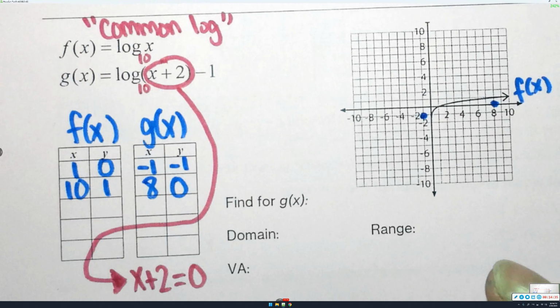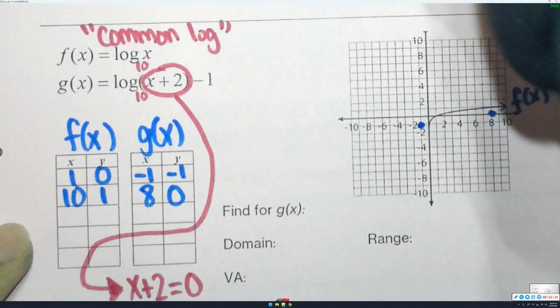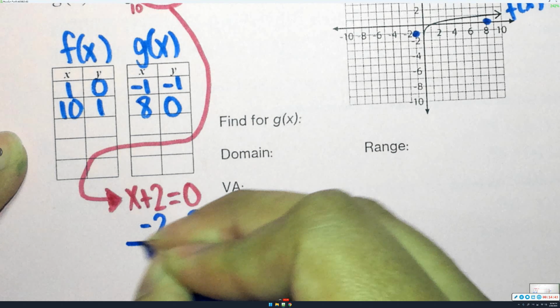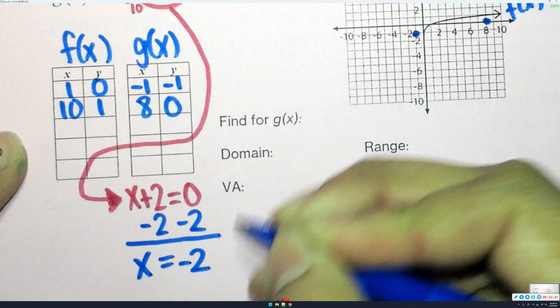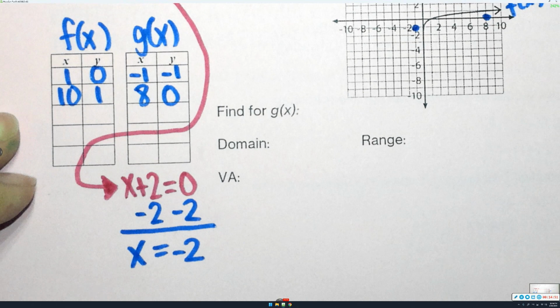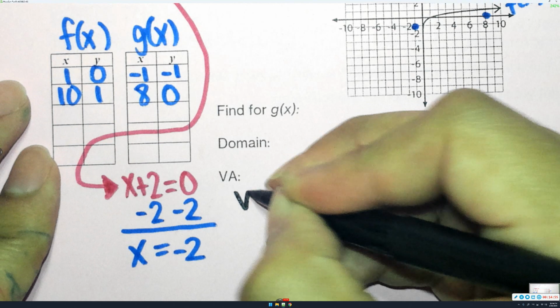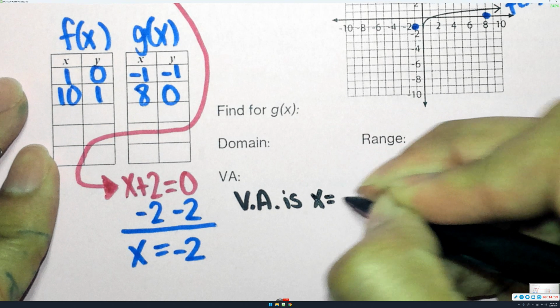Then I will isolate and solve for x by subtracting 2 on both sides. So -2, -2. This will leave me with x equals -2. And guess what? This is going to be my vertical asymptote, okay? So let's write that down, that VA is x equals negative 2.